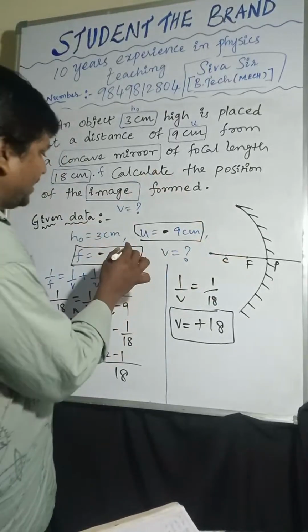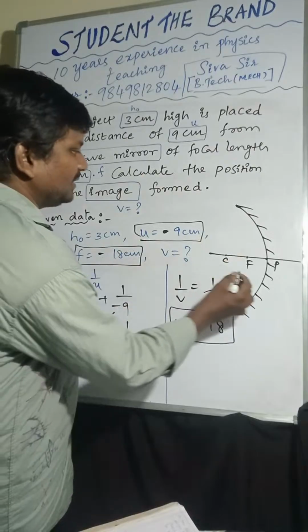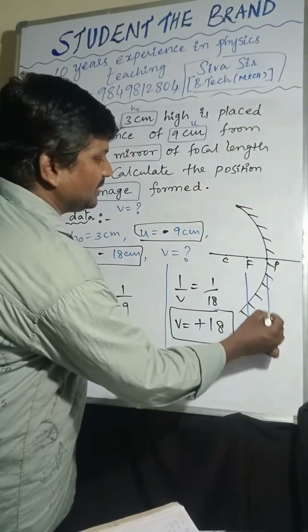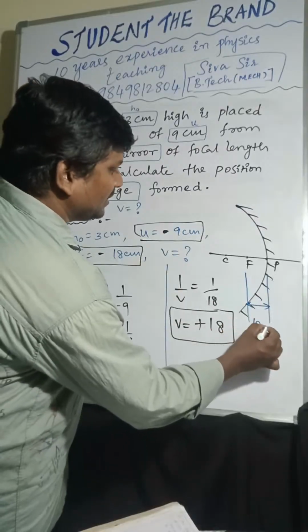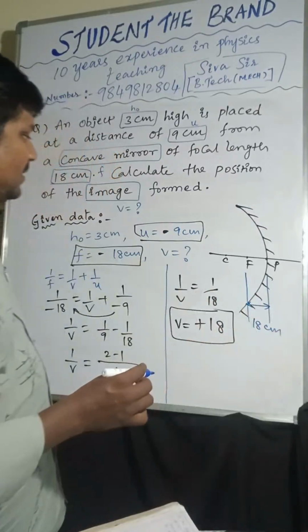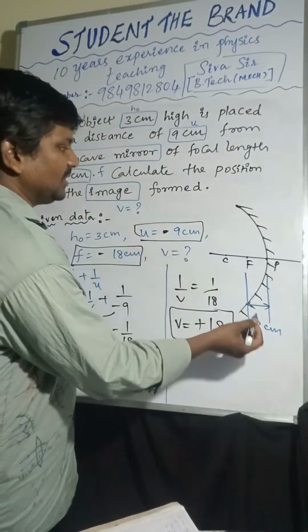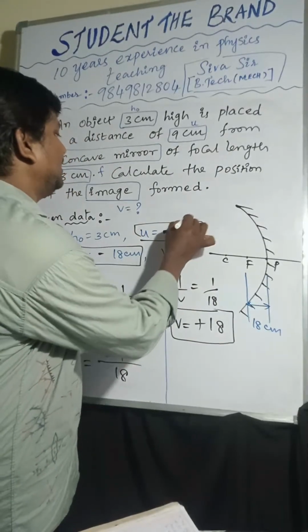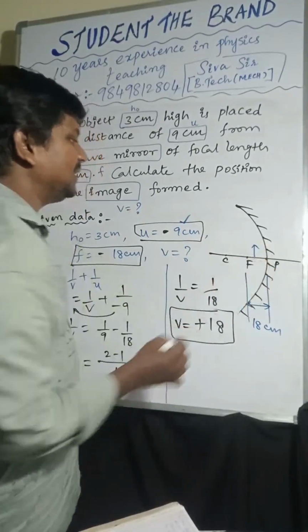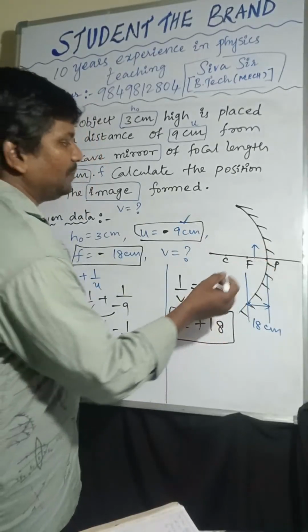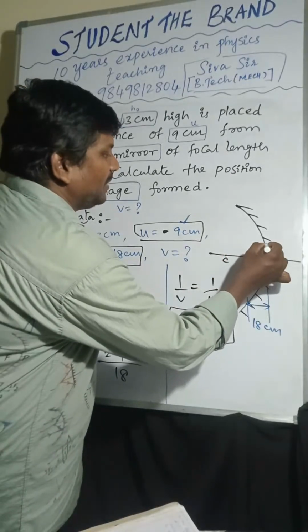Now I am taking the focal length as 18. Anyway, for a concave mirror it is negative. And object distance is 9. So the object must be placed here. When you place the object here, the image will form behind the mirror.